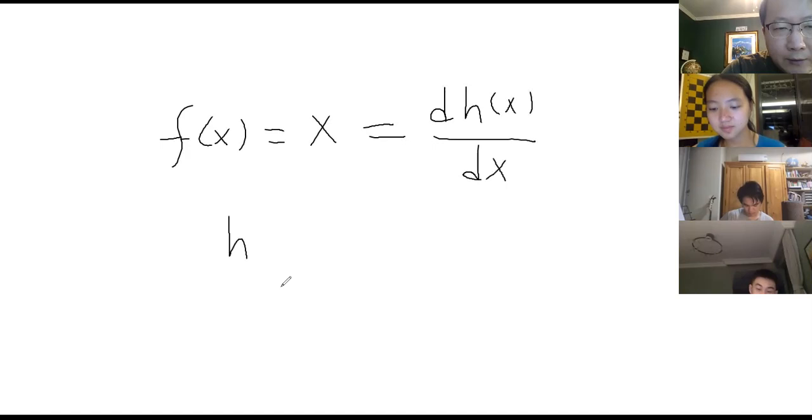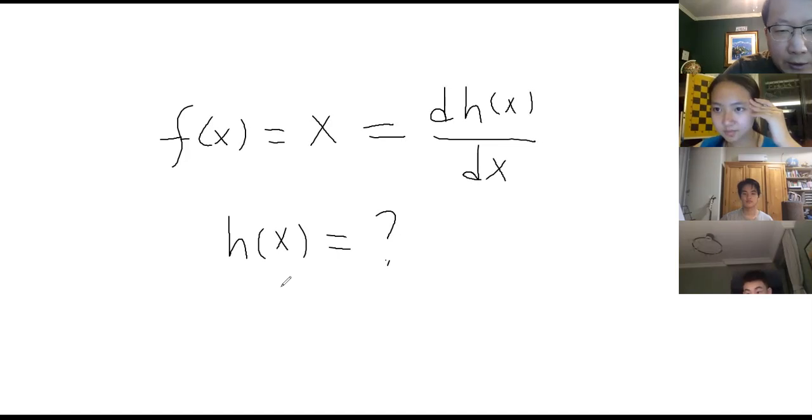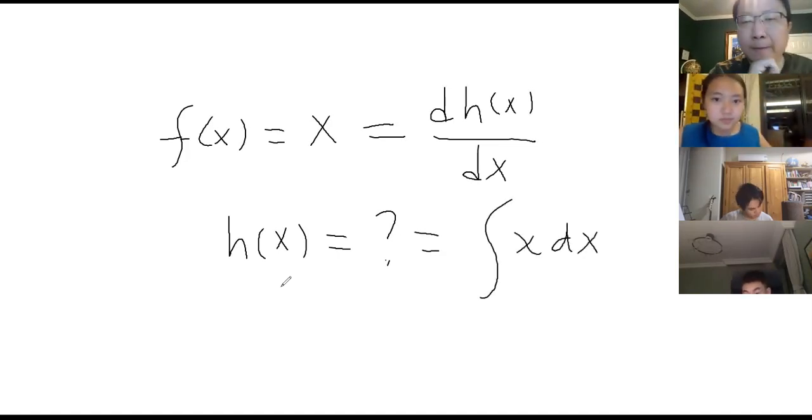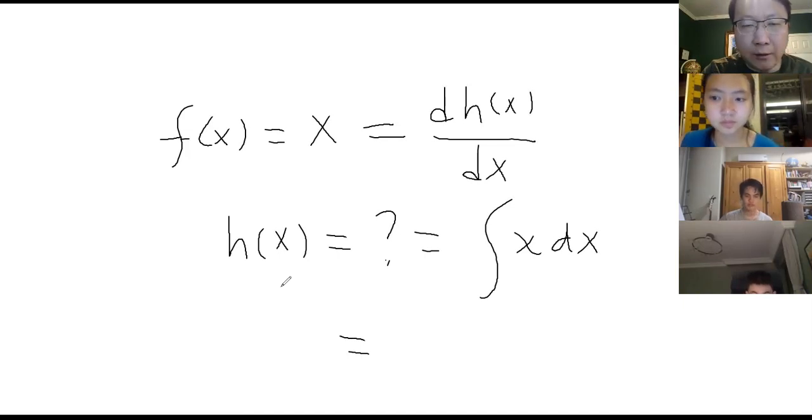So what is h? In this case, h is the integral of x dx. Got it? So which really means equal to what? Can you do that?